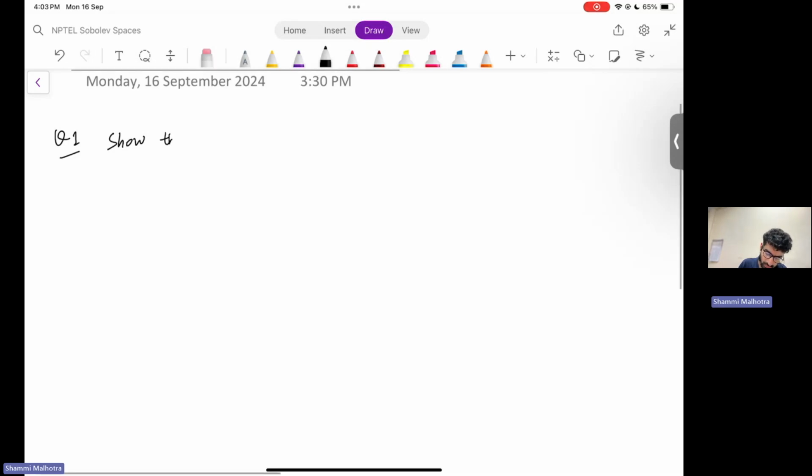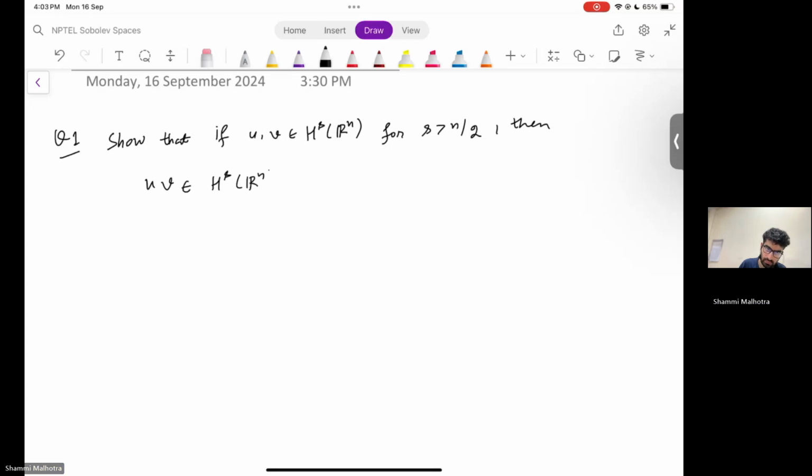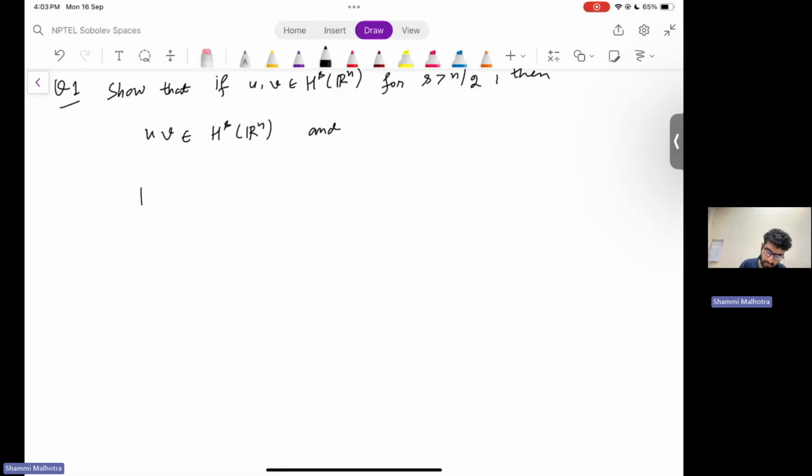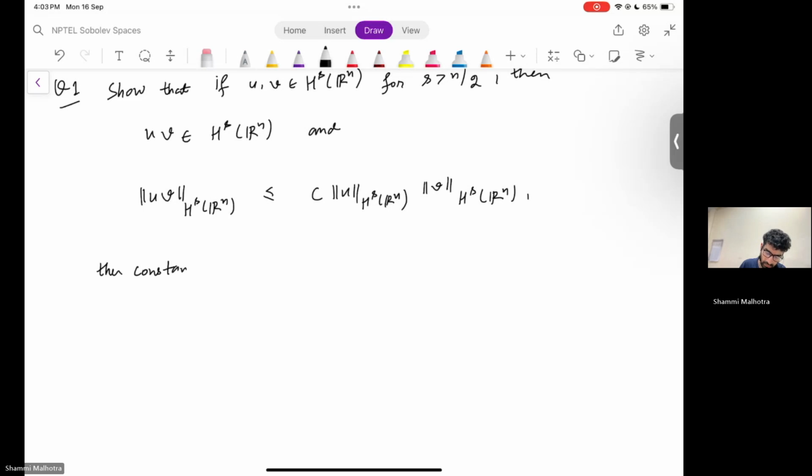So the question is the following: show that if u and v belong to H^s(R^n) for s greater than n/2, then the product uv is also in H^s(R^n). And moreover, the H^s norm of uv is less than or equal to some constant times the H^s norm of u times the H^s norm of v, where the constant C depends only on s and n.